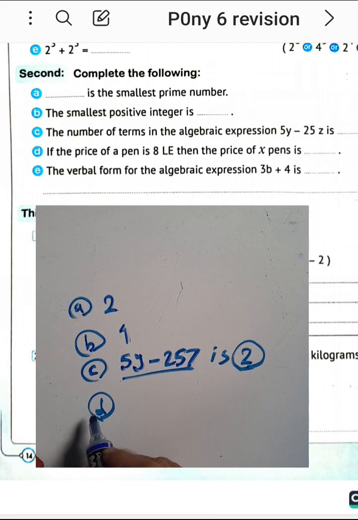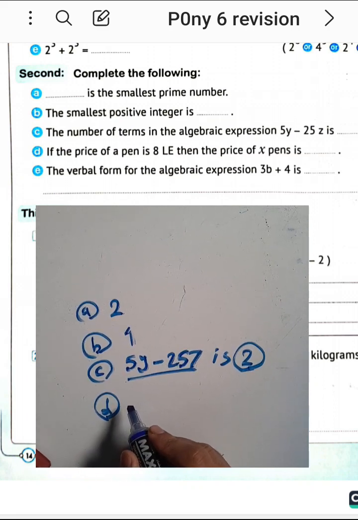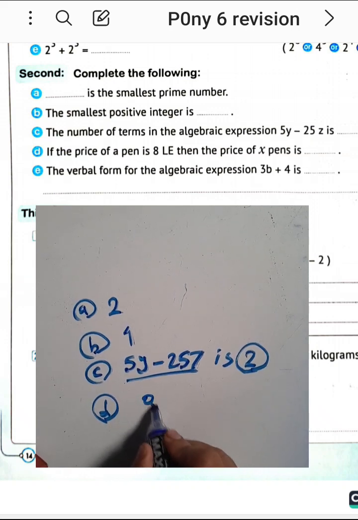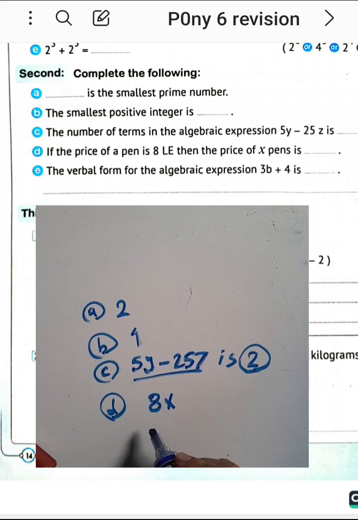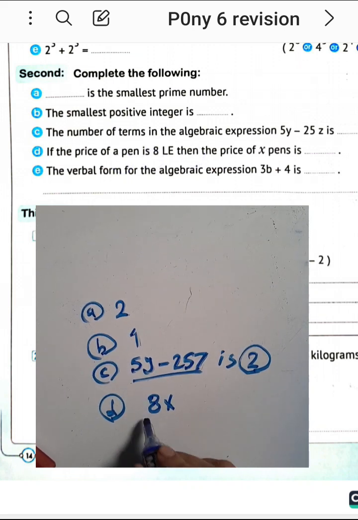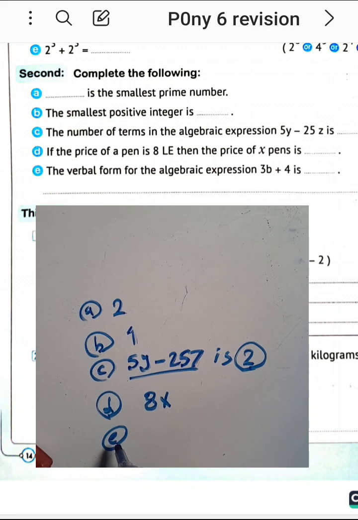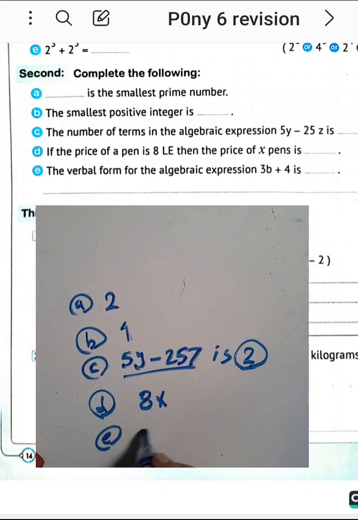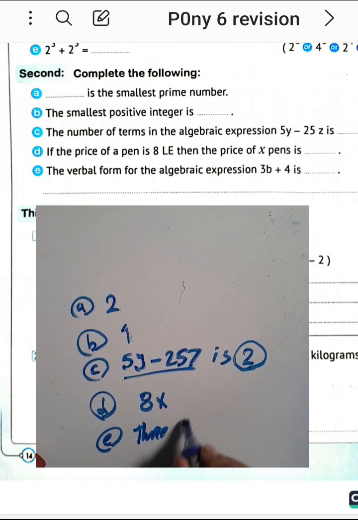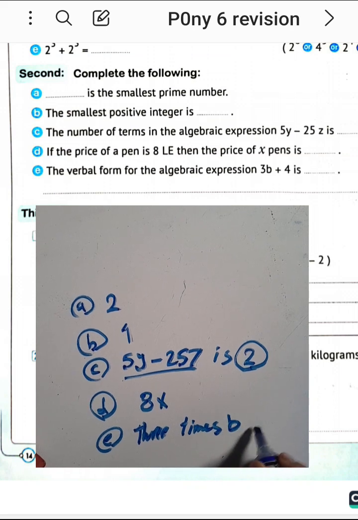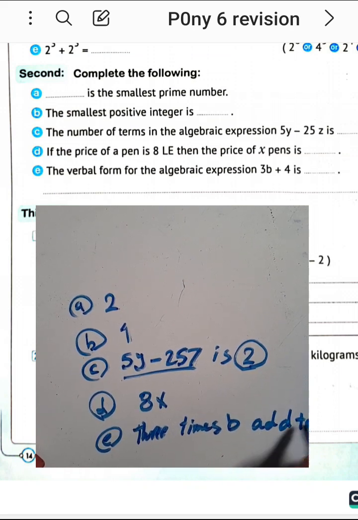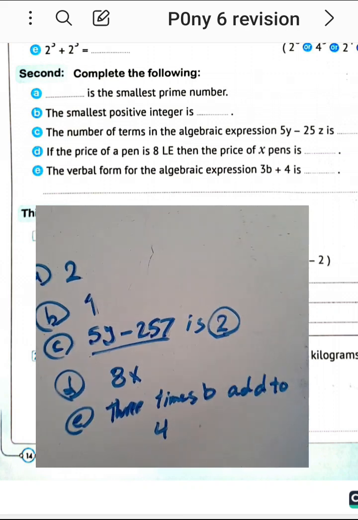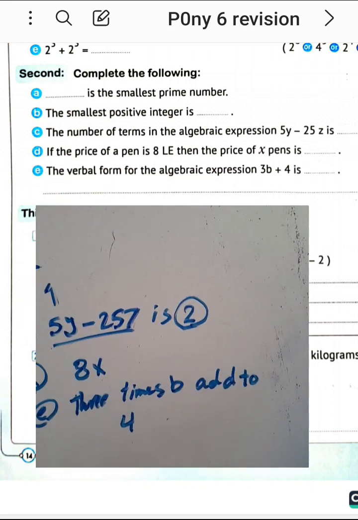Letter D, if the price of a pen is 8 Egyptian pounds, then the price of x pens will be the multiplication, 8 times x, 8x. Letter E, the verbal form of this expression 3 times b add 4, or the product of 3 and b is added to 4.